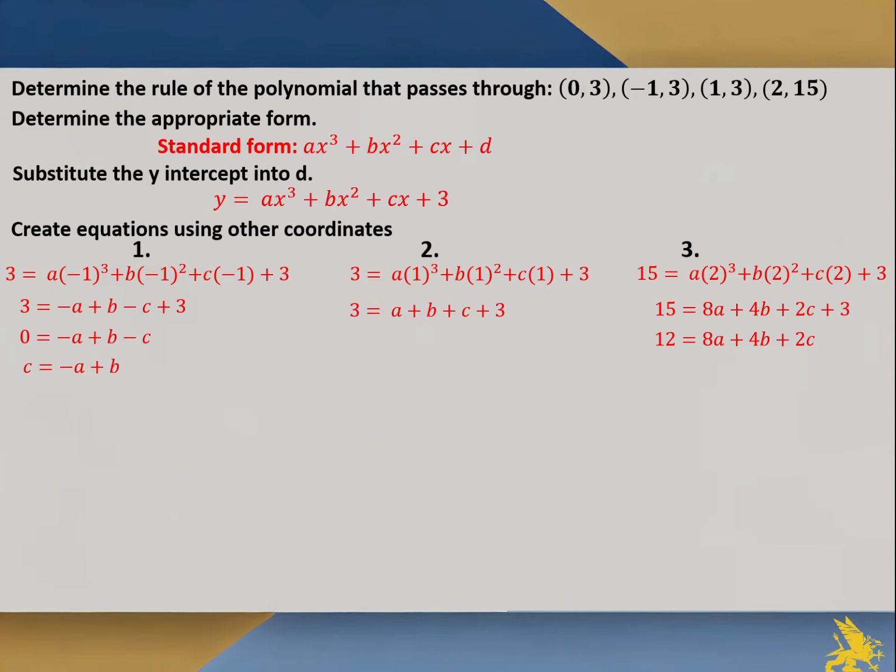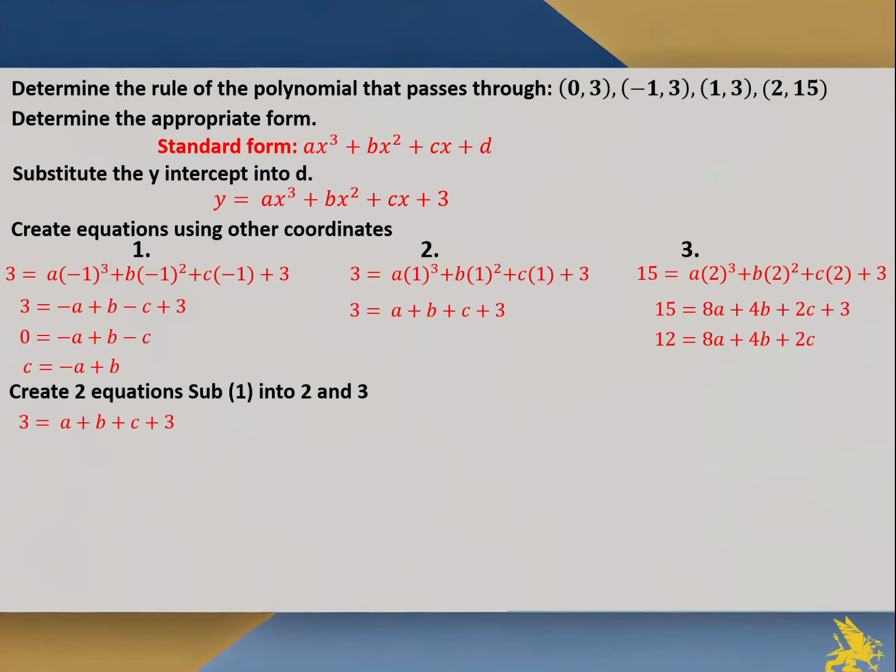Now we've got three equations. We're just going to substitute the first equation into the other two, and that will allow us to eliminate one of the variables, c. So let's create two equations. First, I'm going to grab 3 = a + b + c + 3.